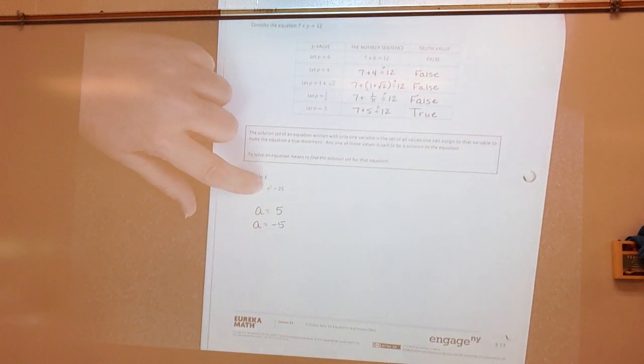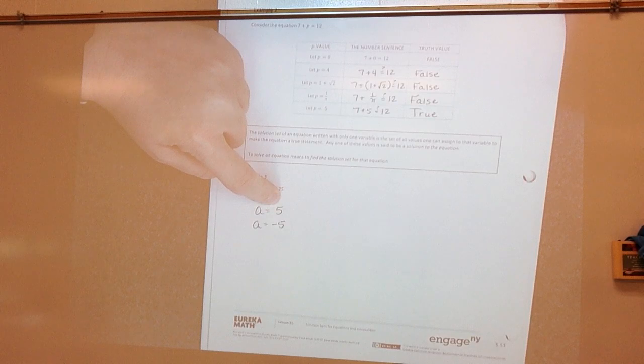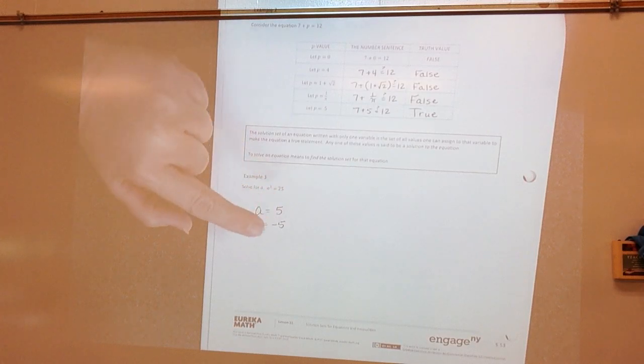Negative 5 times negative 5 gives me positive 25. Most of you would jump here and say that's it, a would be equal to 5. Most of you probably did not think about a being negative 5. But negative 5 would work. So we're going to assume both of these values work.